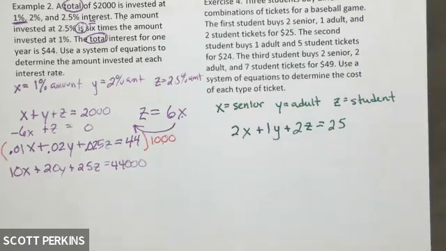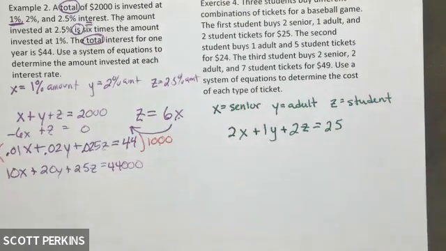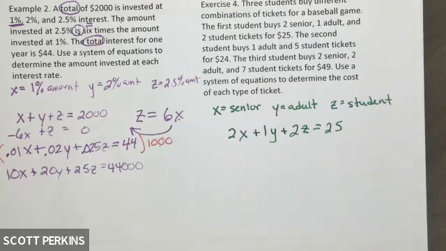Okay, the second student. Again, if you did not get that first equation, be thinking of what you might write down for this second one now that you see. The second student buys 1 adult and 5 student tickets for 24. So somebody else give me an equation for what the second student buys.